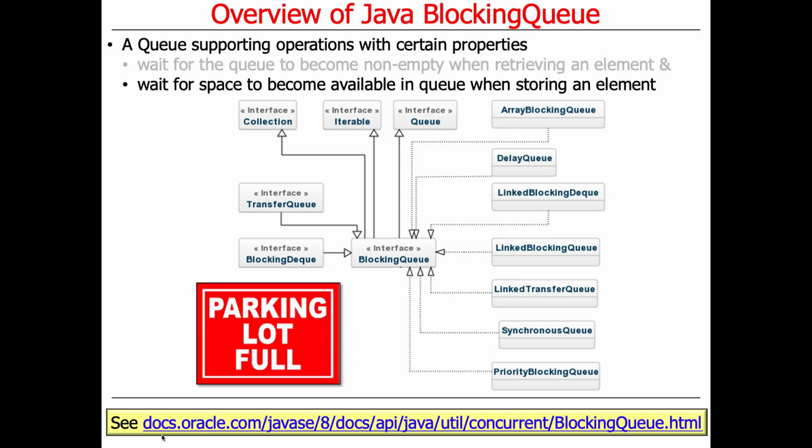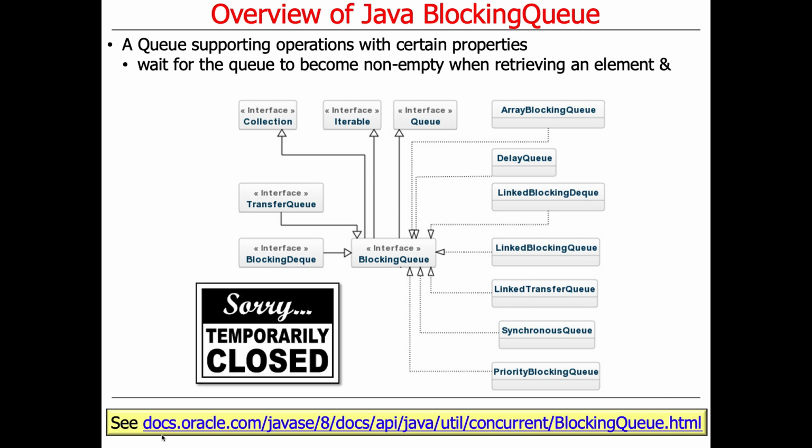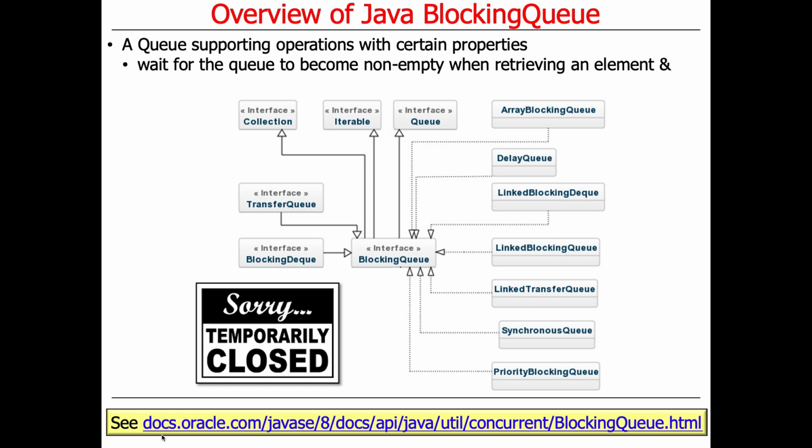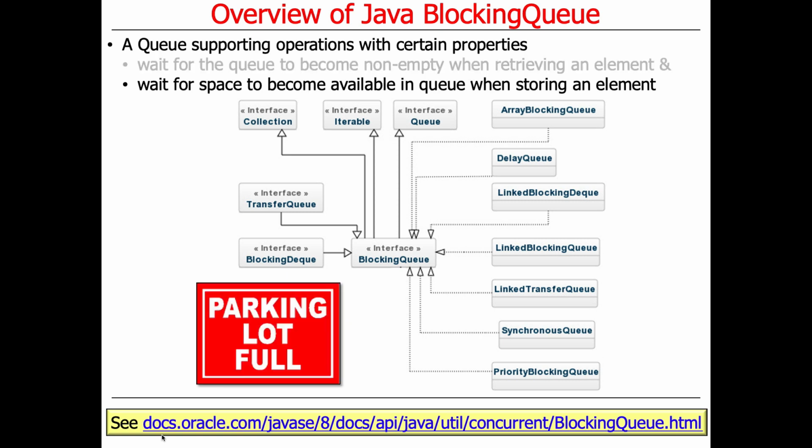And conversely, it also allows a producer thread to wait until the queue is not full. So if the queue is full and you try to put something into it, it'll block until the queue is not full, just like if you try to take something out of an empty queue, it'll block until the queue is not empty. Basically, it allows you to block around the boundaries of the queue being either empty or full.